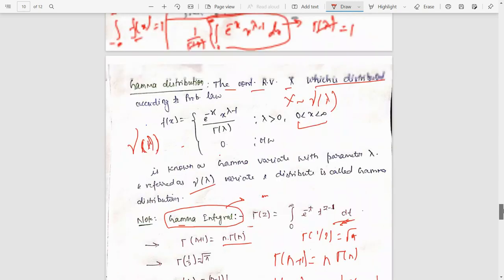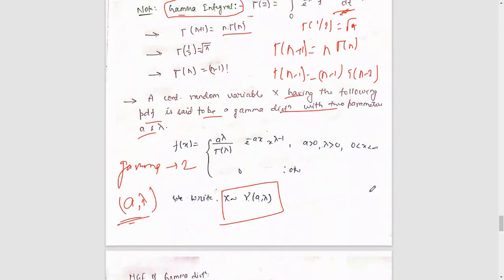If you compare it with the above, there we have just e to the power minus x, x to the power lambda minus 1 upon gamma lambda. But here we have a to the power lambda as the additional factor, and instead of x we have ax. If you put a equal to 1, then you get the same distribution that you have in the single parameter case: this factor will be 1, and this will be e to the power minus x.